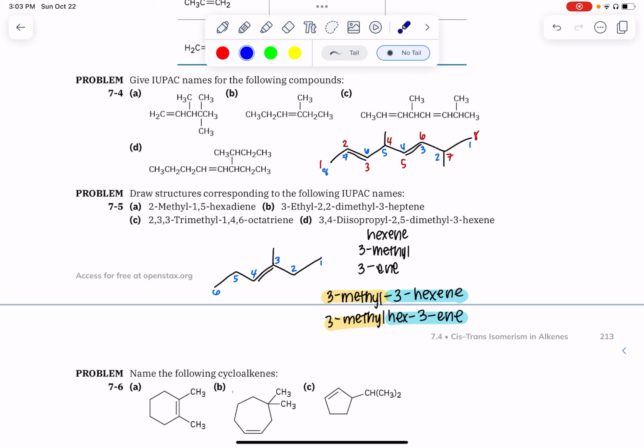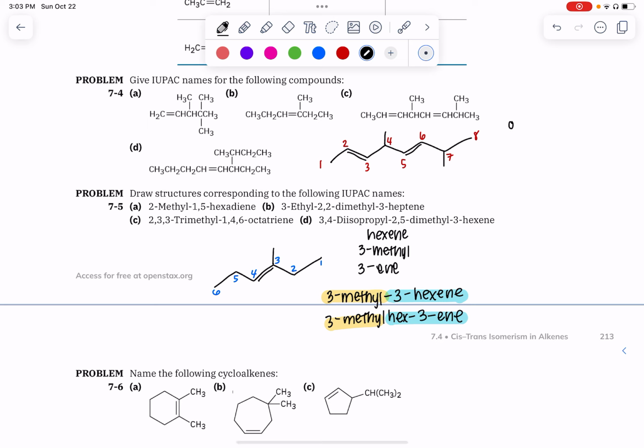And on the blue side, I've got the 3. So it looks like red is better. And I don't have a tie between methyls, so I don't need to look at my substituents necessarily. I'm just going to take my lowest ene group. I'm going to go ahead and erase the blue because I don't need them anymore. We're going to number by red. And now I can start listing.